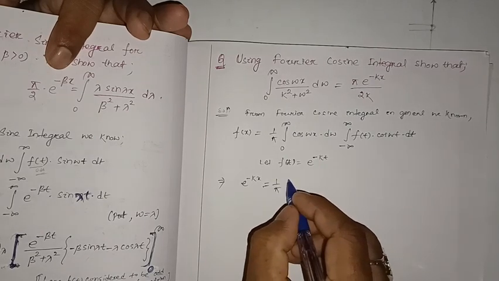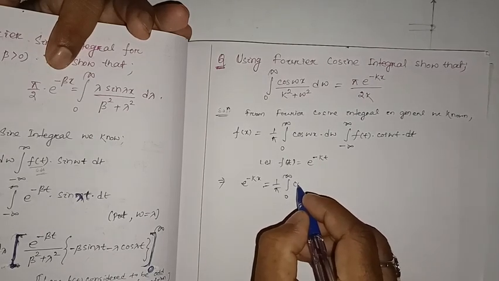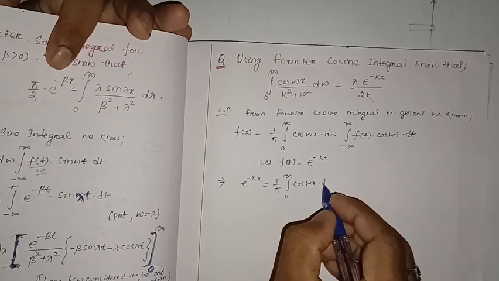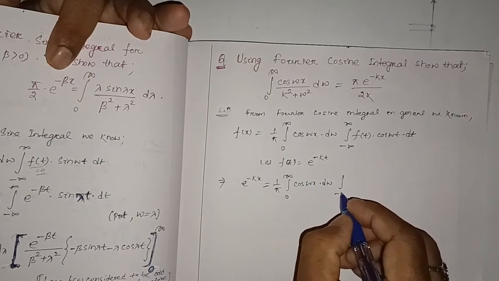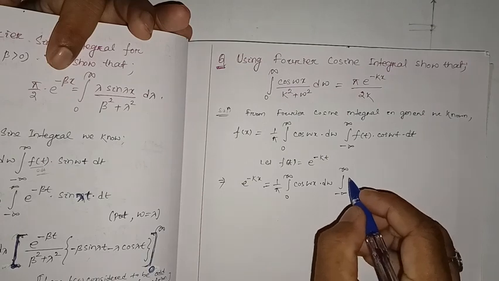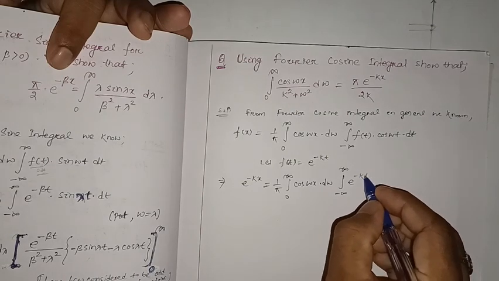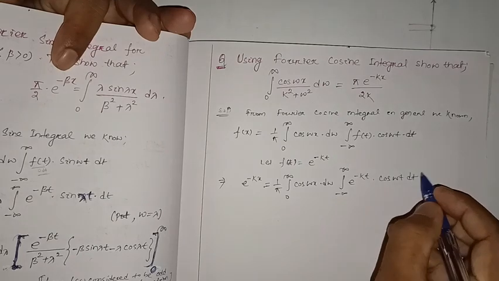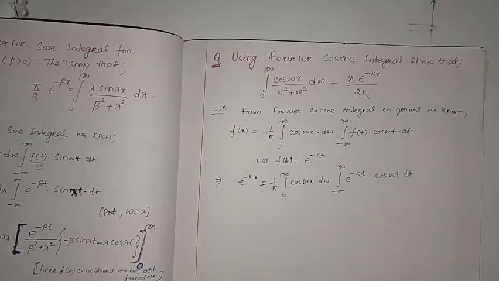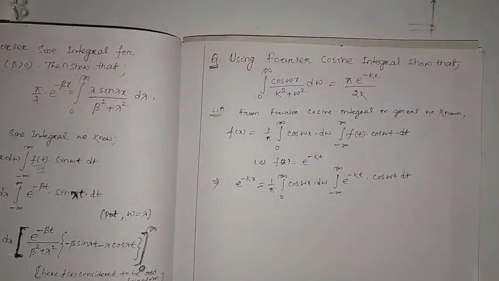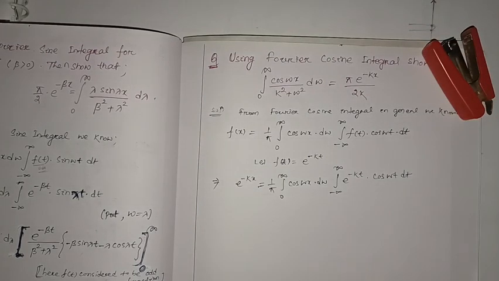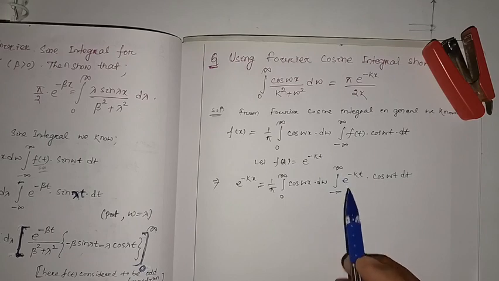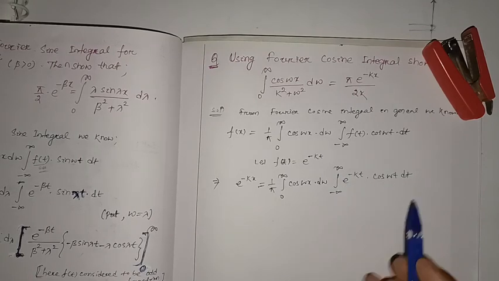1 by pi, 0 to infinity cos omega x d omega, minus infinity to plus infinity e to the power minus kt into cos omega t into dt. Here we are going to use the special integration. As I told you, this function will be considered an even function, so the entire function will be even.